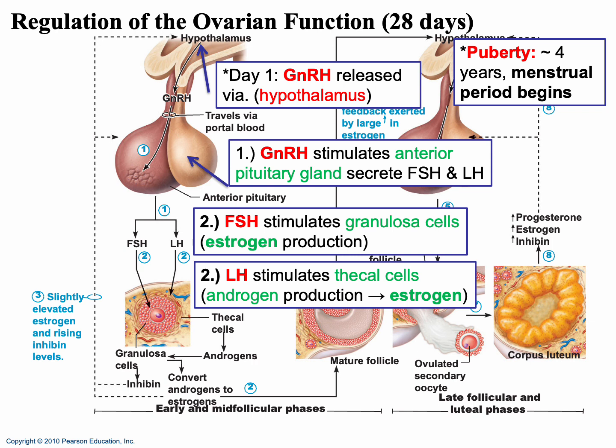So now we're going to look at the physiology involved with regulation of the ovarian process. So looking at the ovarian cycle, the physiology involved. So first, the woman will go ahead and puberty will start. It takes approximately 4 years for the menstrual period to be on a more regular schedule.